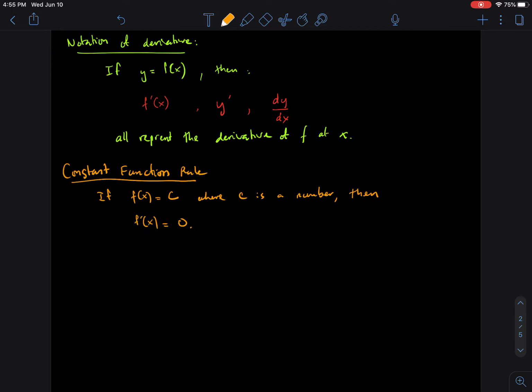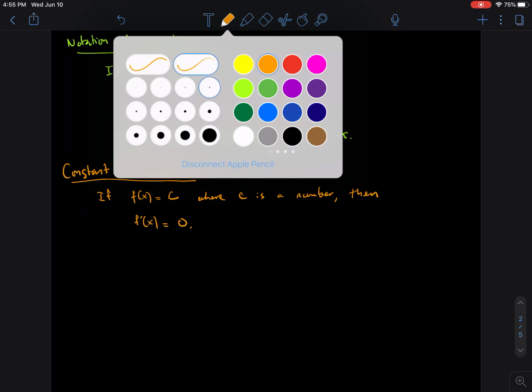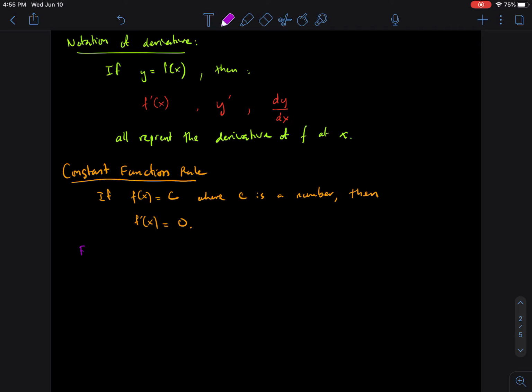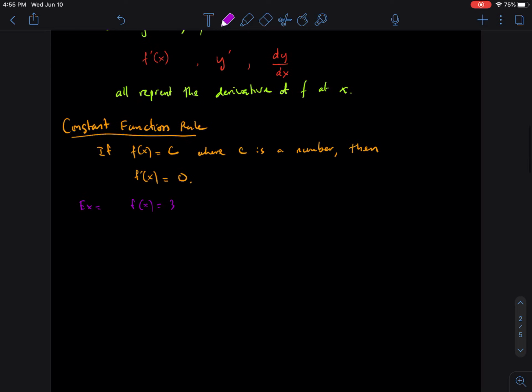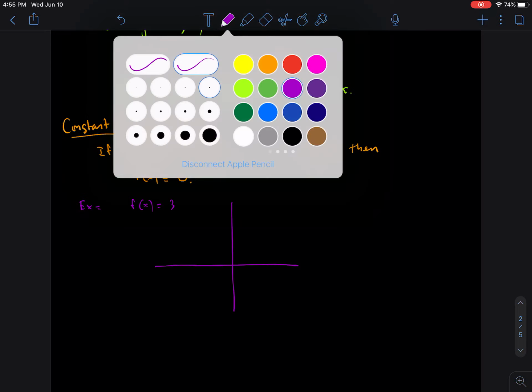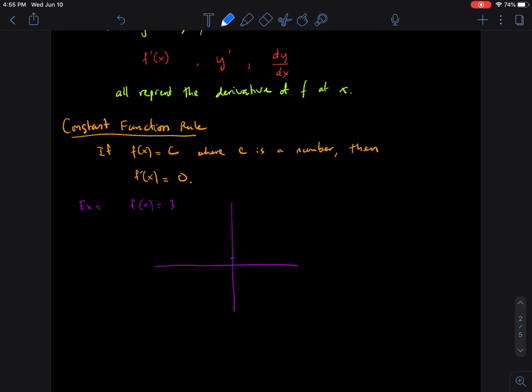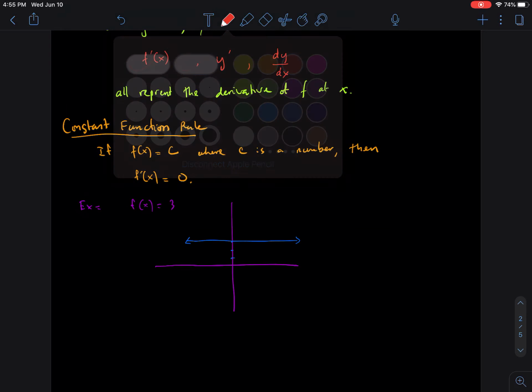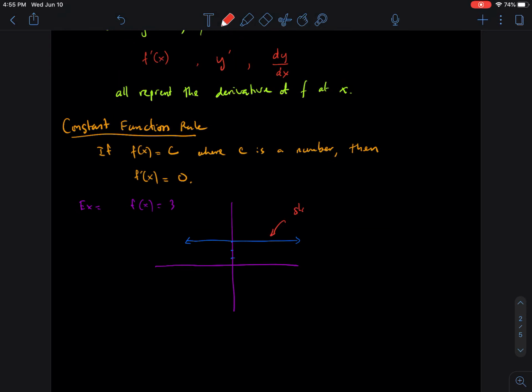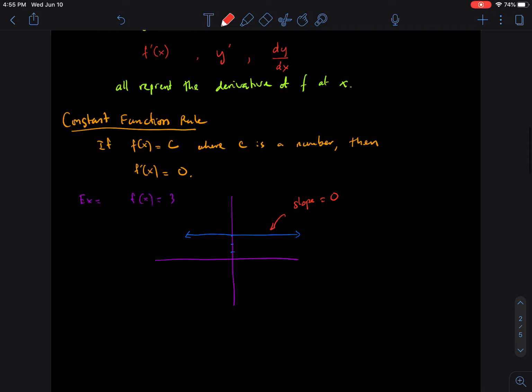Okay, so let's see why this rule is the way it is. If we're given a function, let's say f of x equal to 3, for example, well, this function here is just a horizontal line passing through the y-axis at 3, right? Well, if this is a horizontal line, in algebra we know that a horizontal line, a flat line, has a slope equal to 0.